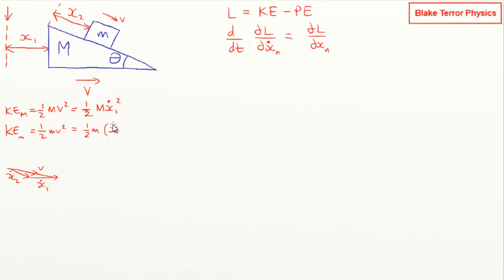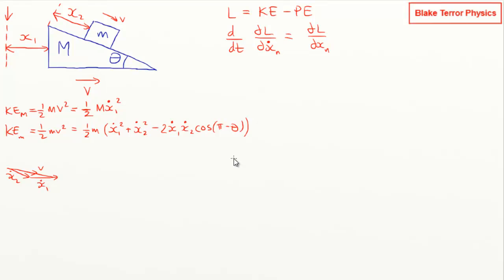So that's going to be x1 dot squared plus x2 dot squared minus 2 x1 dot x2 dot multiplied by cos, and what is our angle? The angle we want is the big angle inside the triangle, and that is pi minus theta. Pi minus theta. Right, okay, and we know that cos of pi minus theta is minus cos, but let's just save a bit of space on the screen at the moment and leave it at that.